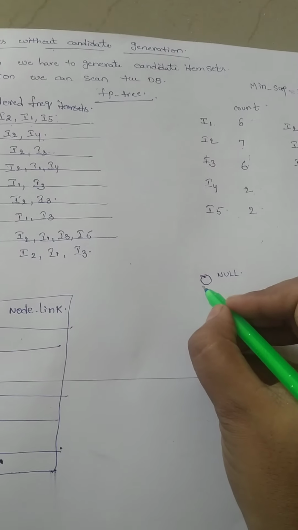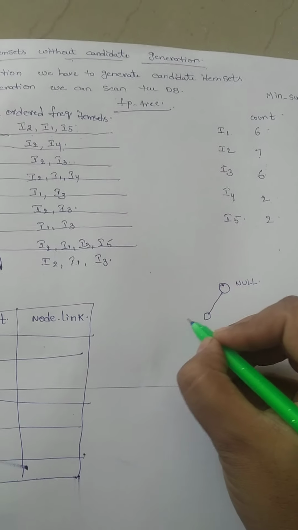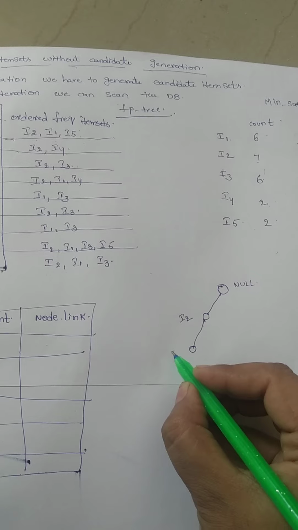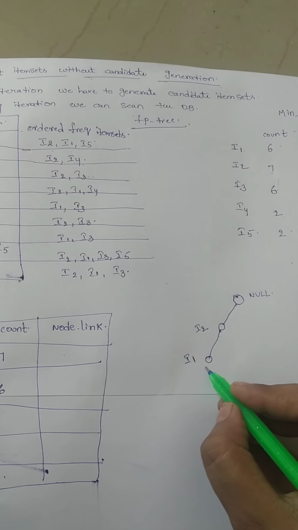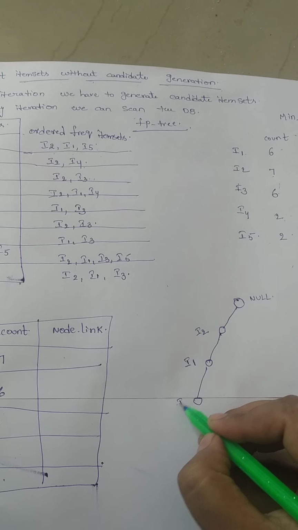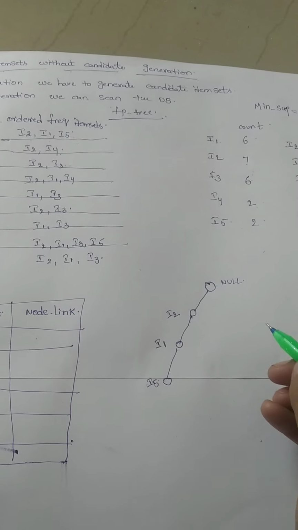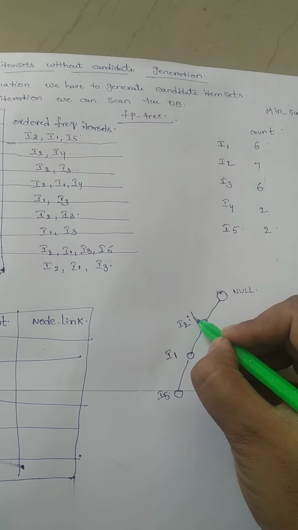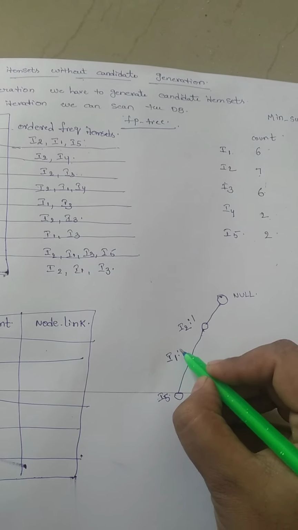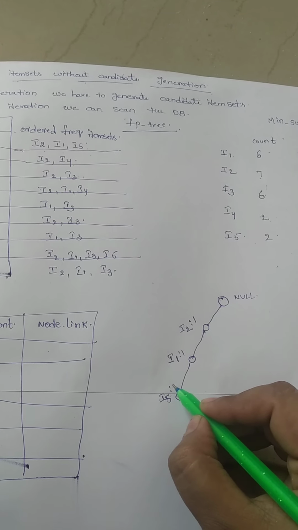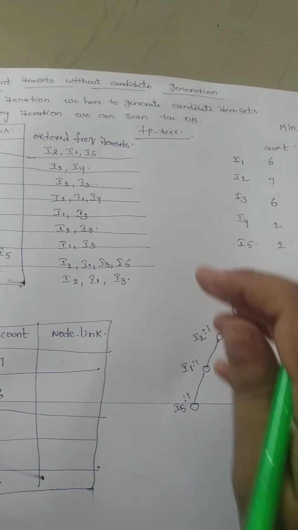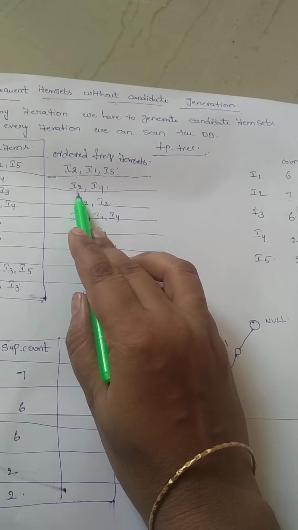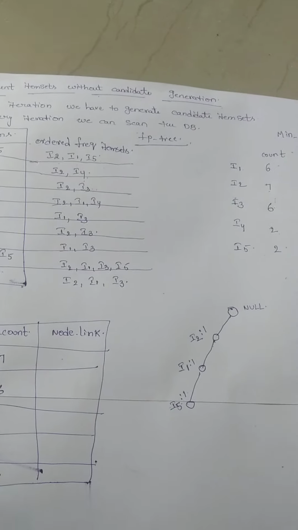First we take I2, then I1 and next I5. Each is taken one time. So the first transaction is completed.